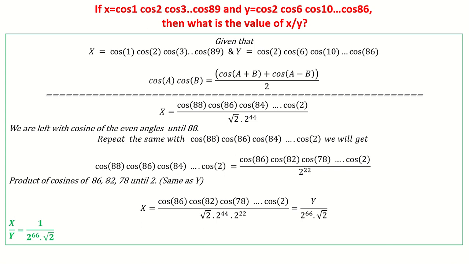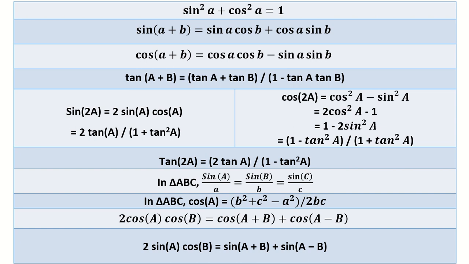Hope you understand this problem. Trigonometry is very important, and most trigonometric problems finally come down to remembering some formulae and then applying algebra only. So these are some of the trigonometric formulas which you should start remembering.